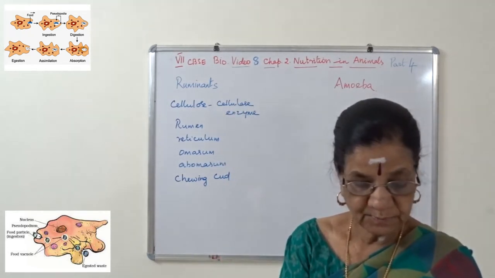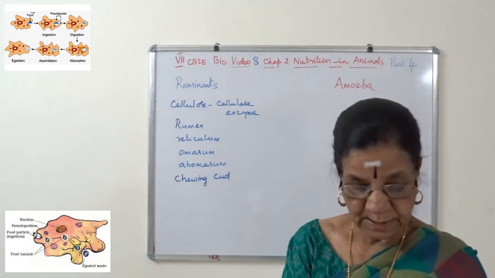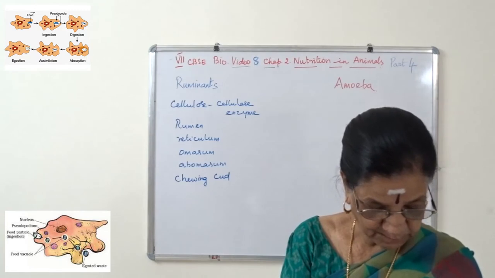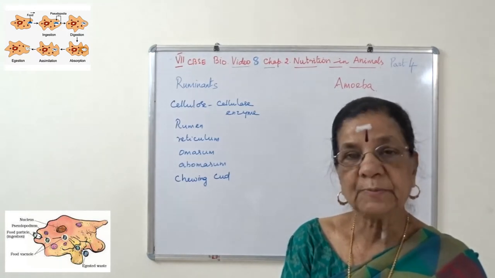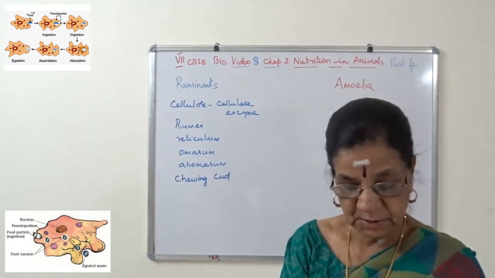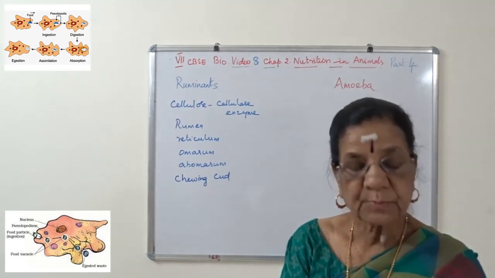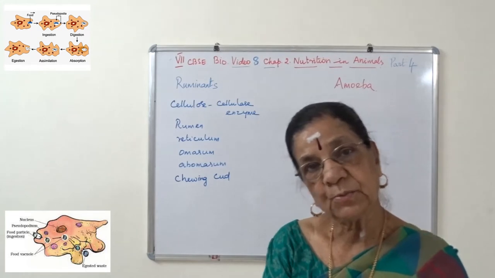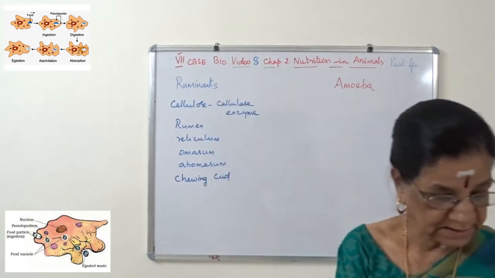I repeat, cellulose digesting bacteria and other microorganisms present in the rumen help to digest this cellulose, right? And they are not present in human beings. That is why humans cannot digest grass.